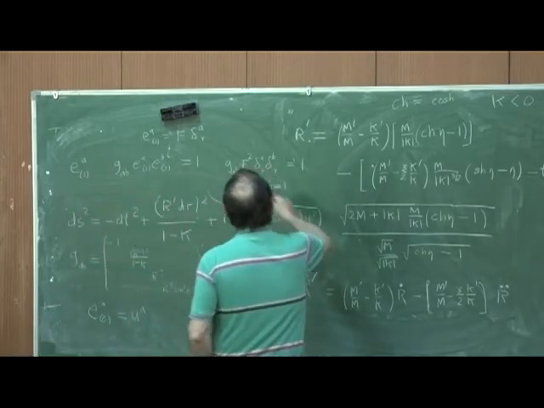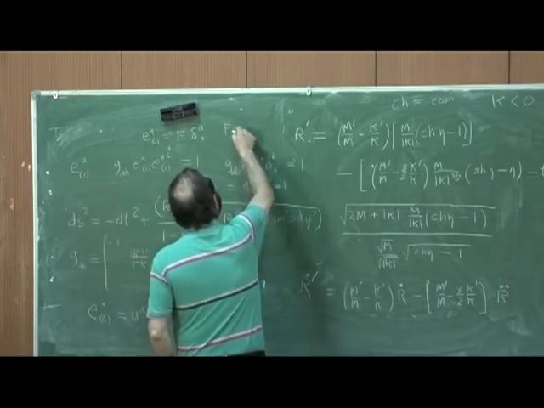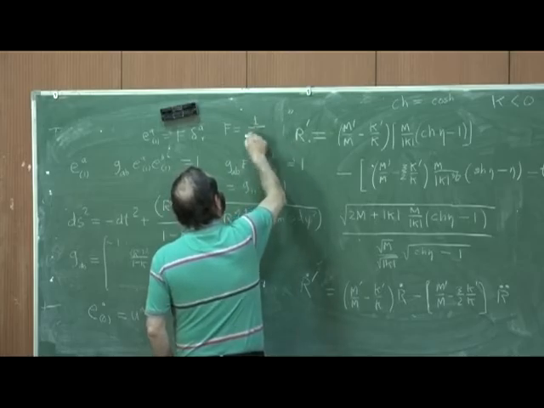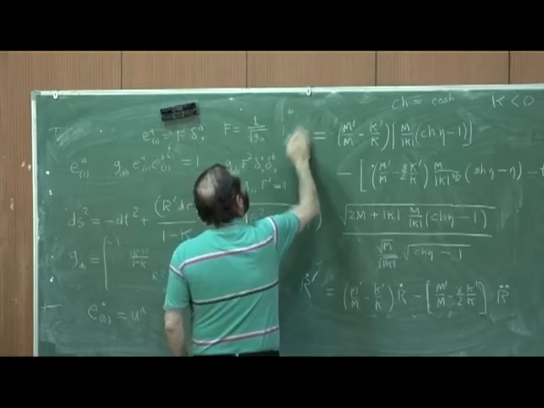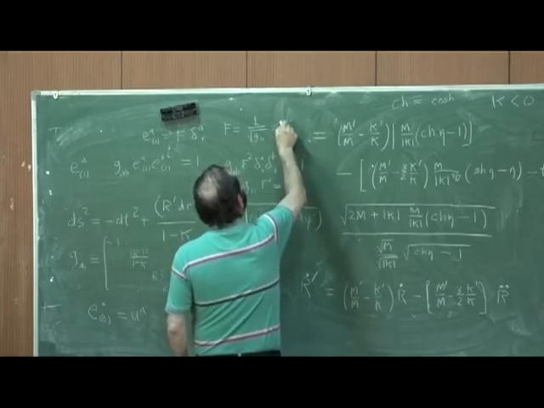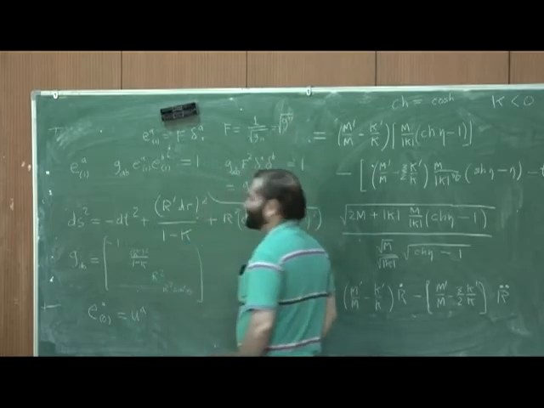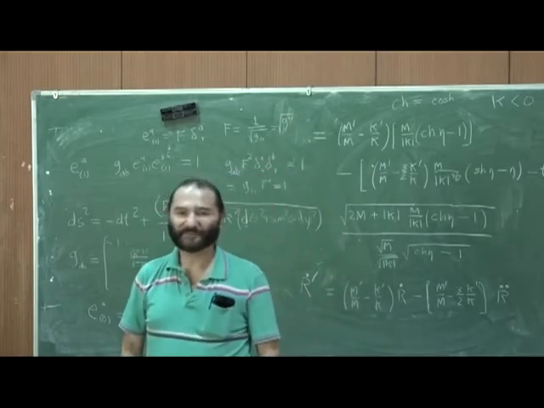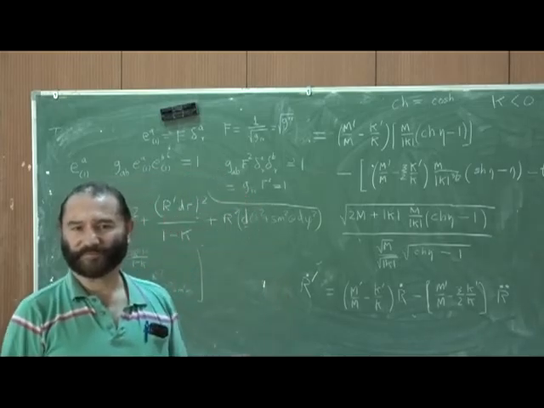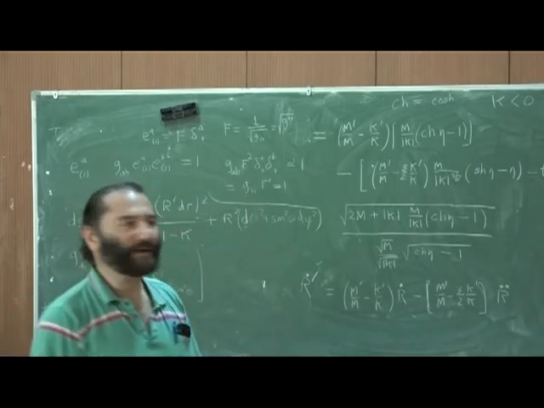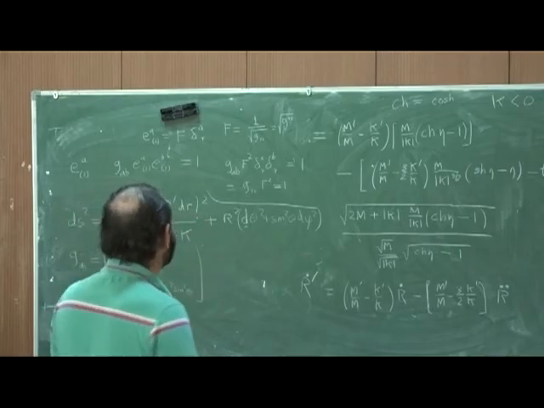So what is f? f is 1 over the square root of g_rr, which is the same as the square root of g^rr. Right? And we do the same for the other vectors. And this is how we construct the tetrad.